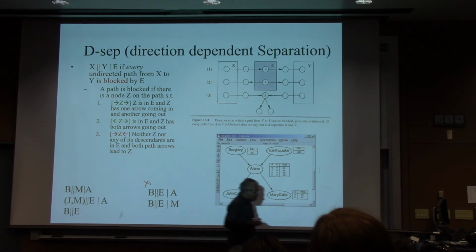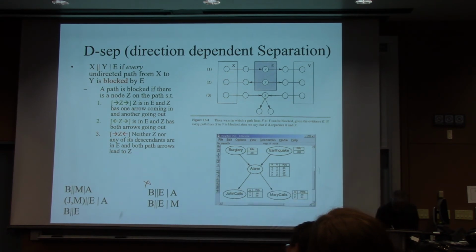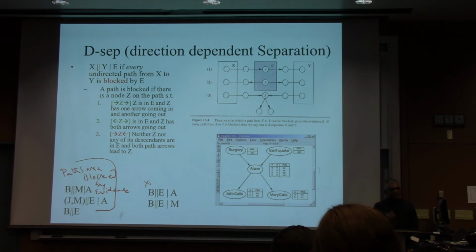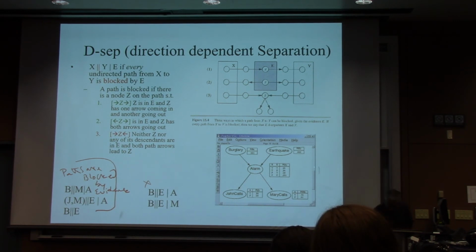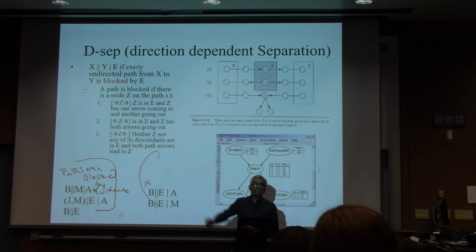So it turns out that the intuitions are telling us that this stuff is independent because paths are blocked by evidence. Given X means X is evidence. On the other hand, this stuff is not independent because path is blocked.